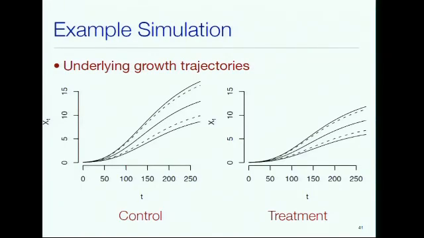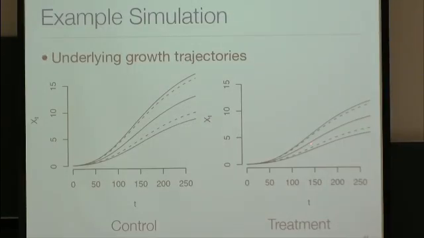And as an example, in this case, we're simulating these two underlying growth trajectories. This is for placebo, this is for the treatment, and the solid lines are the median, and these are, I think, the 90th percentiles. The dashed lines just correspond to the same percentiles, but for the mean. So that's placebo, and that's for treatment.